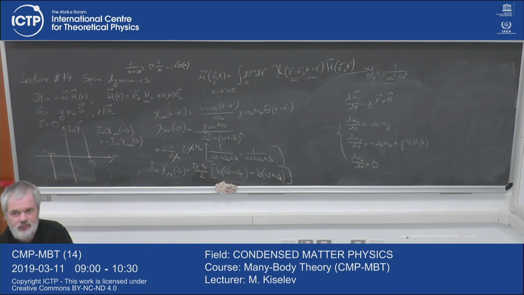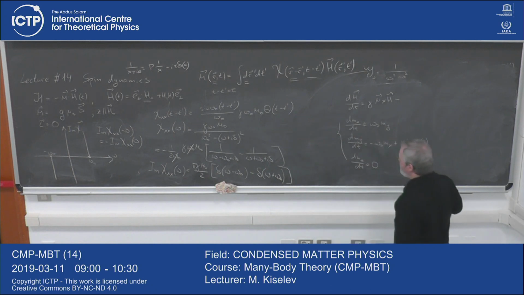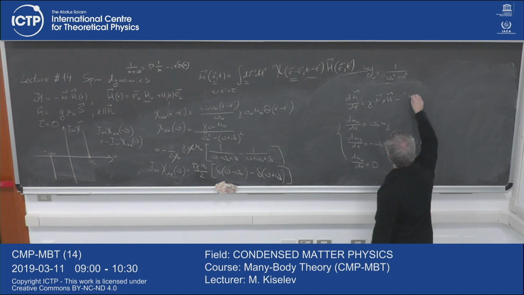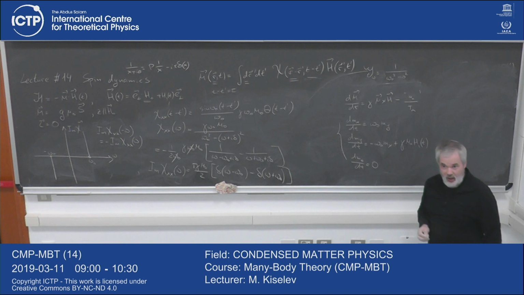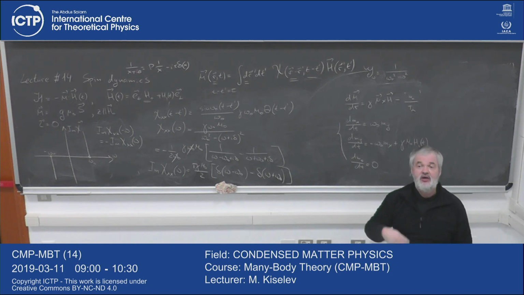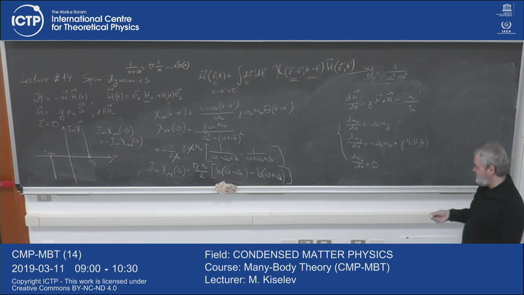And what I'm saying now is, if I have dissipation in the system, I should write down something which allows my magnetization to relax. Therefore, I will write down terms minus m alpha over t alpha, and I introduce two relaxation times. You will see how it goes. Phenomenologically, assuming that there is longitudinal and transverse relaxation.